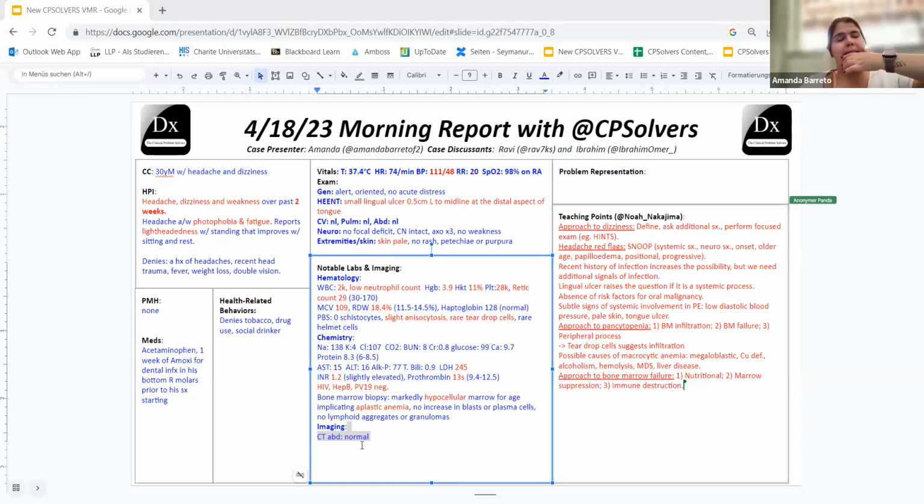So this diagnosis is a diagnosis of exclusion, because we did all the serologies, all the things we imagined, and the hematology-oncology team concludes that the patient has aplastic anemia, maybe due to his recent use of amoxicillin.